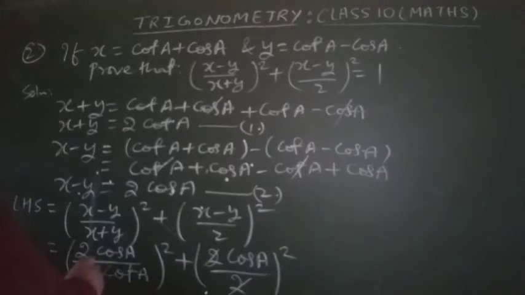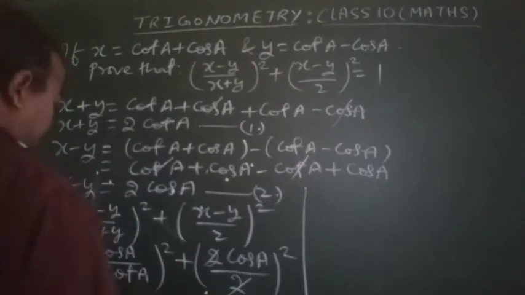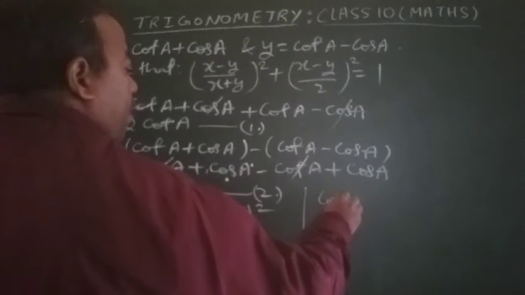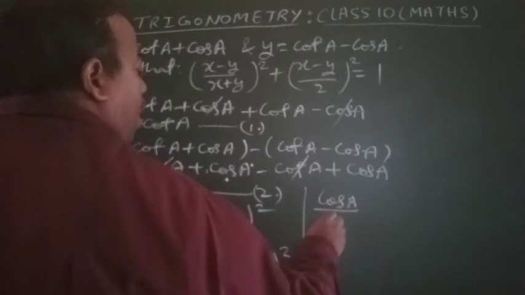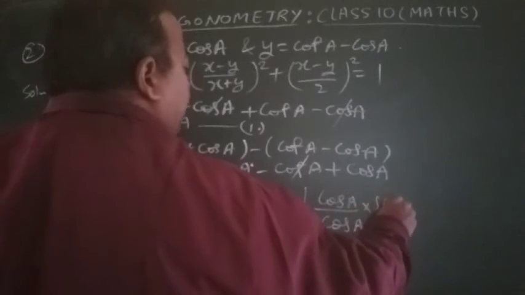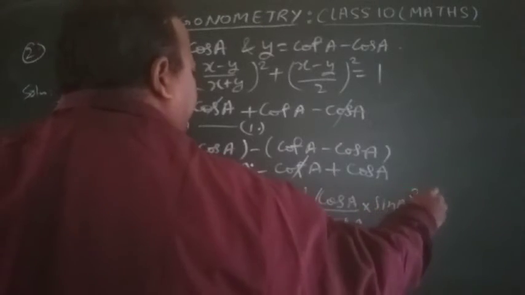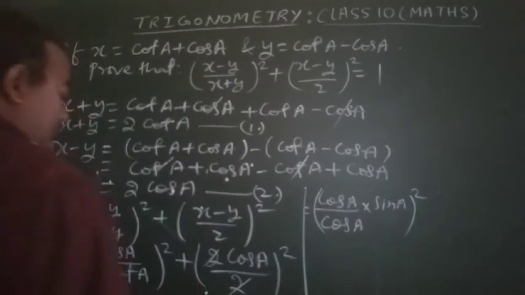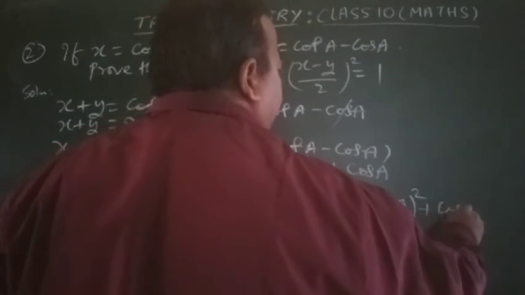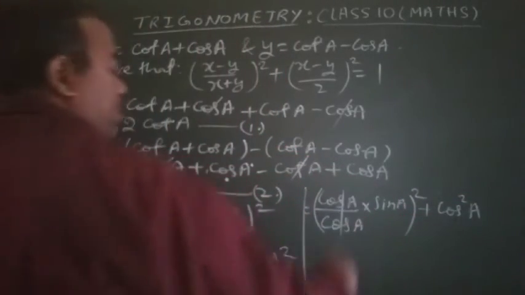2 cancels, and now this cot A becomes cos A by sine A. So here I will go, cos A, cos A, or cot means cos A by sine A, to the whole square, and now it is cos square A. So cos A cancels.